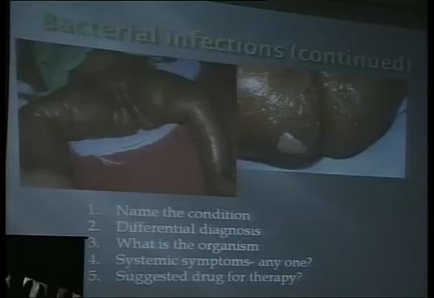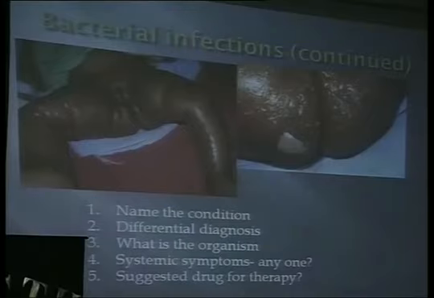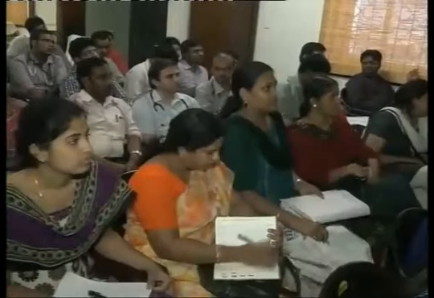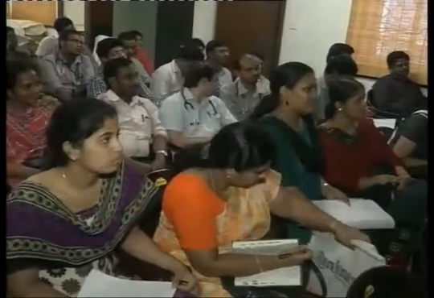Good. Okay. So in this condition, what is the organism causing bullous impetigo? Staphylococcus aureus. Okay. What is the cause of impetigo contagiosa? I know you will jump into it. Both can cause it.